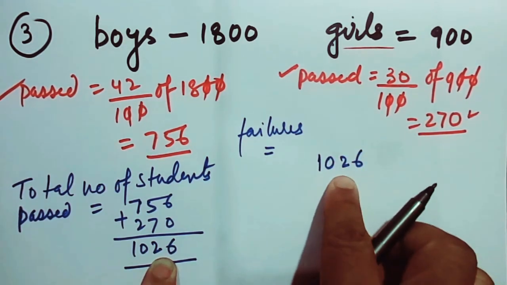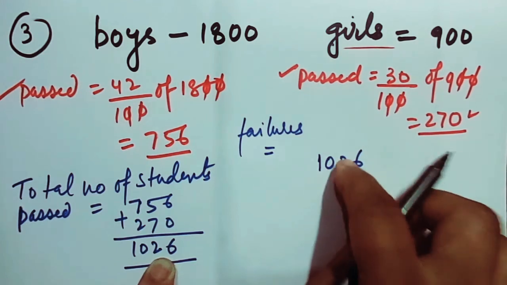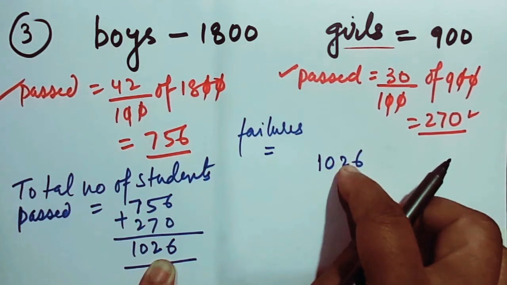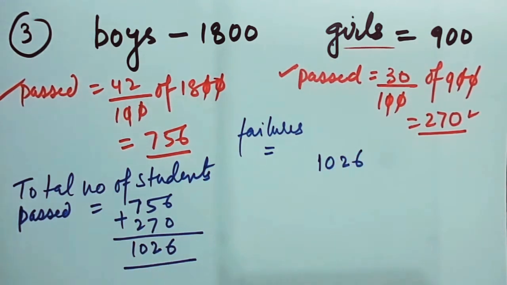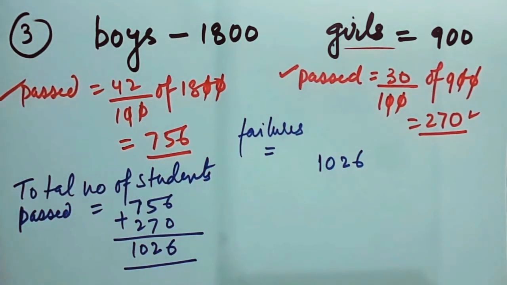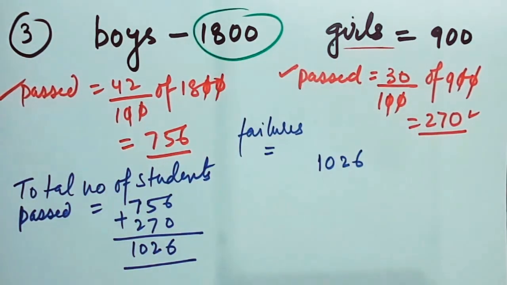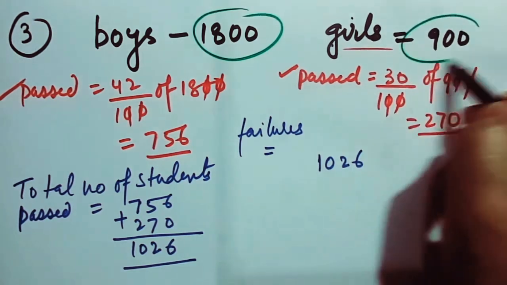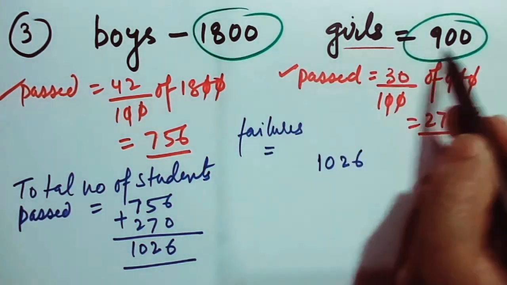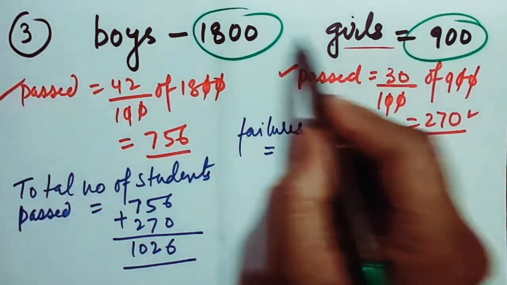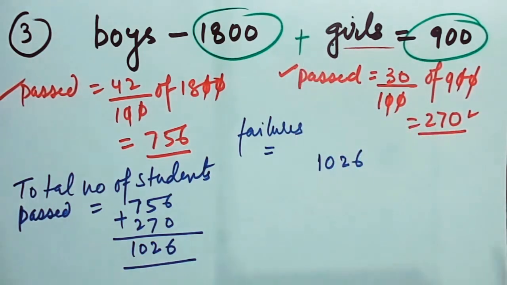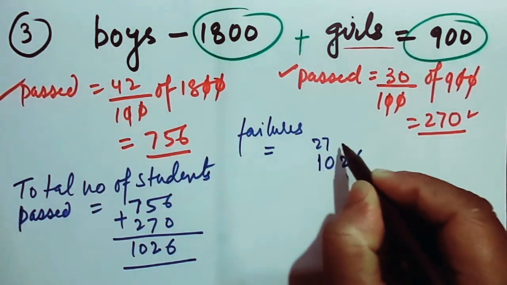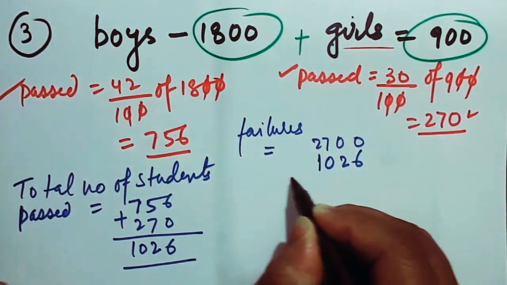1026 should be subtracted from the total number of children. So the total number of children means your number of boys as well as the number of girls. So when you add them, naturally you will get 2700.